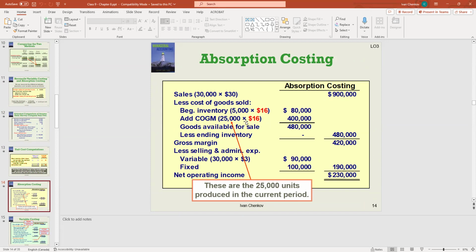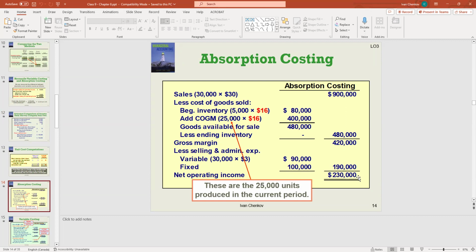So the beginning inventory plus the cost of goods manufactured, everything is going to be sold because our ending inventory is going to be down to 0. So now cost of goods sold here will be higher for us. So now we're going to have extra cost of $30,000 going in our cost of goods sold. The variable will be 90,000 because 30,000 units times $3, 90,000. Fixed cost, it's a fixed cost, 100,000. So this absorption now is going to generate $230,000.